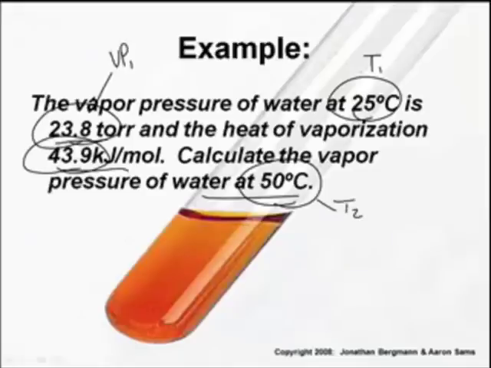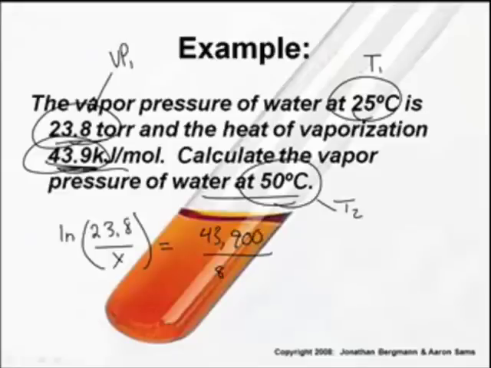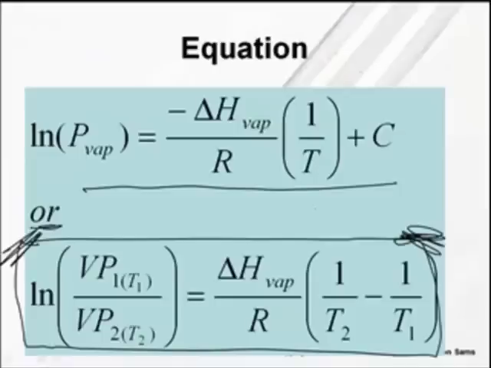All right, so now I need to just plug all these things in. So the natural log of, is it 1 over 2 or 2 over 1? It's 1 over 2. So I'm going to say the natural log of 23.8 over x is what I'm looking for, is equal to, now here's an important part, you're going to take this 43.9 kilojoules per mole, and I'm going to type in 43,900 over 8.3145 times 1 over T2.